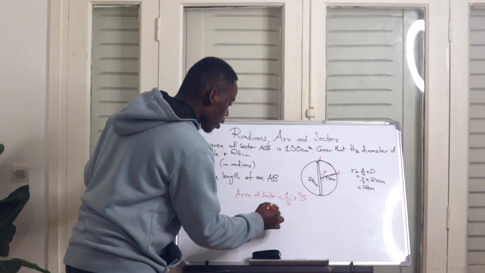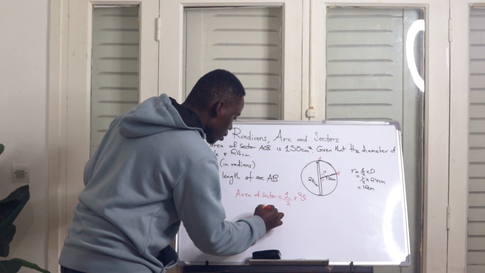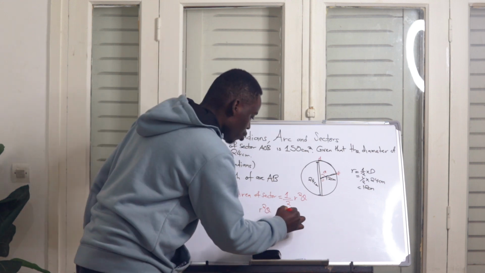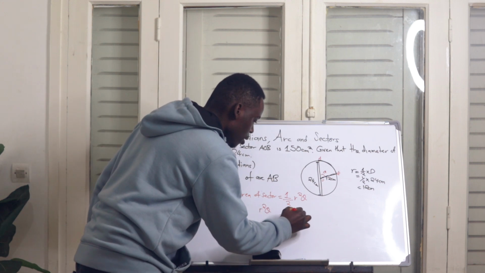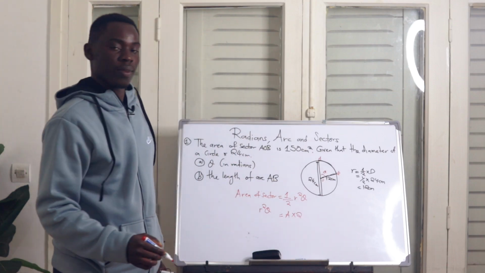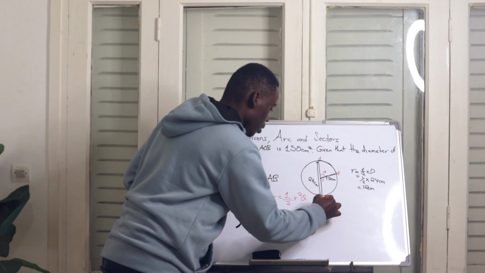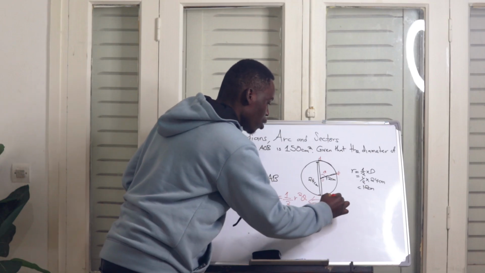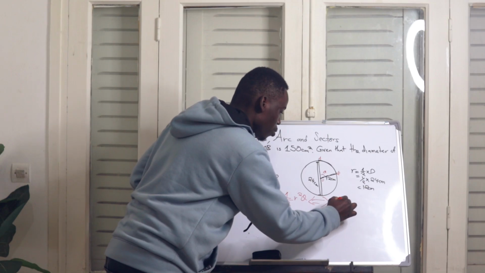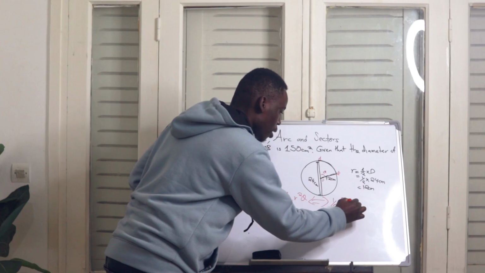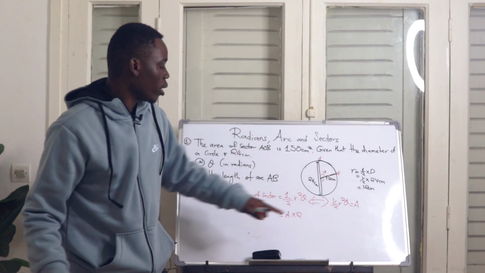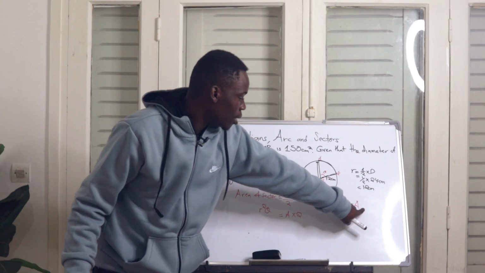So I'm going to say r squared theta is equal to the area times 2. This whole expression, 1 over 2 r squared theta is equal to A, is equivalent to that, and what I've done is multiply the A by 2.